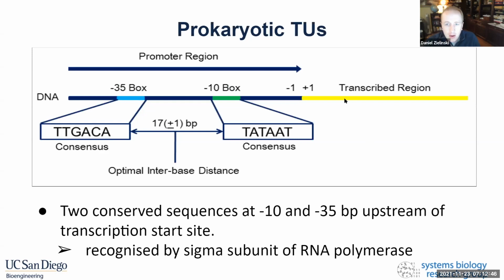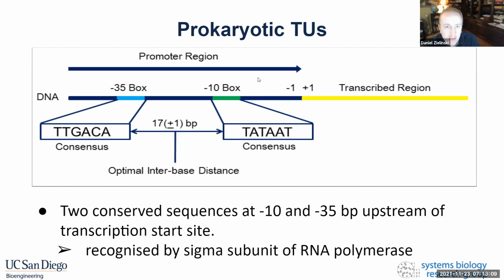So in prokaryotes, the promoter region looks something like this, at least for E. coli, and we're looking now specifically at a sigma factor called sigma 70, which is how the polymerase gets recruited to begin transcription.